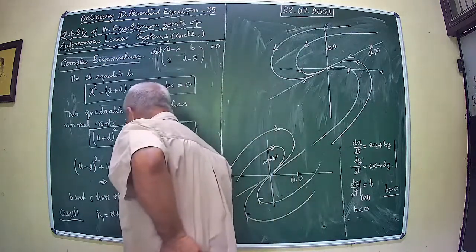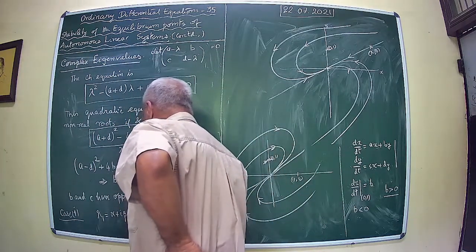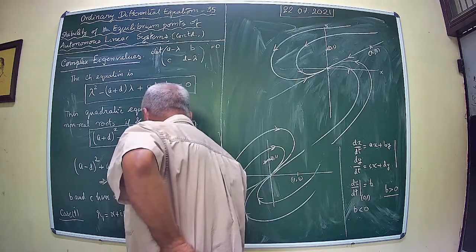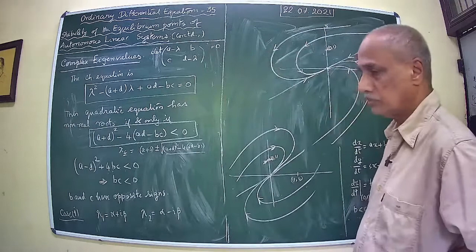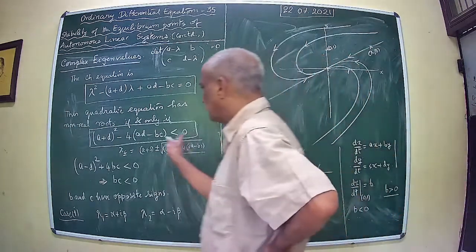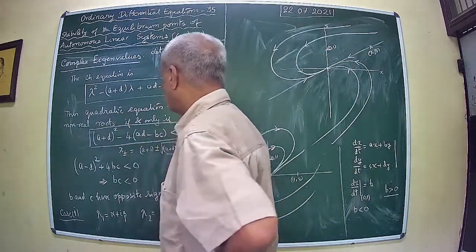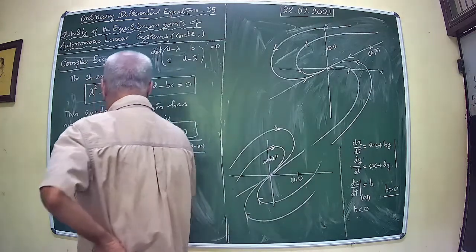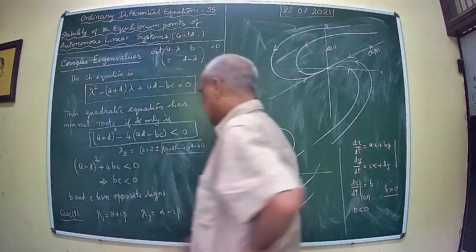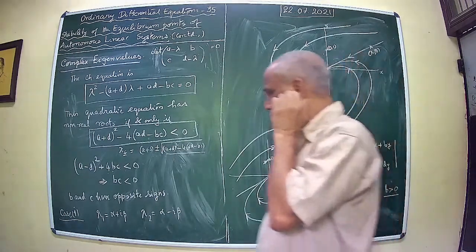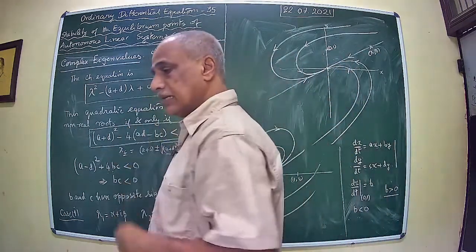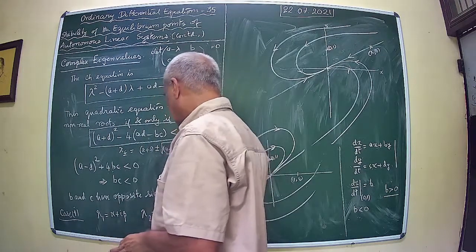Then lambda 2 is going to be the conjugate of that, where alpha and beta are real. Because the characteristic equation has real coefficients, the roots are going to be like this. If alpha plus i beta is a root, then alpha minus i beta is also a root. Alpha is real and beta is also real.